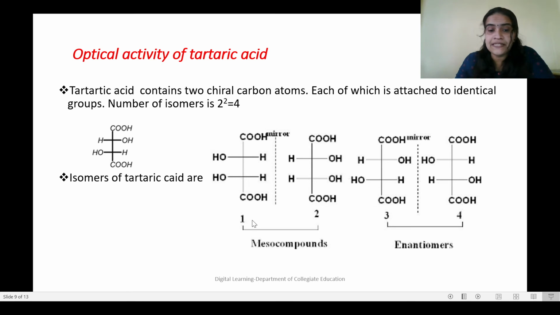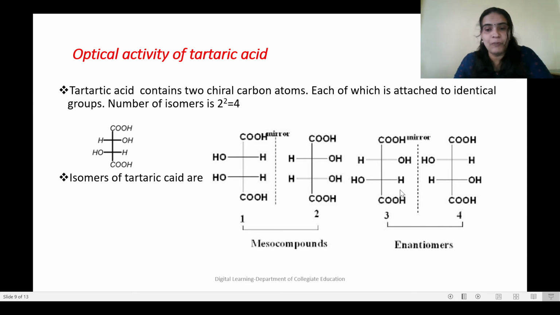So we can represent tartaric acid in 4 different isomeric forms. Now we'll take the structures 3 and 4. Are these 3 and 4 mirror images? Yes, they are mirror images. Are they superimposable? They are not superimposable.